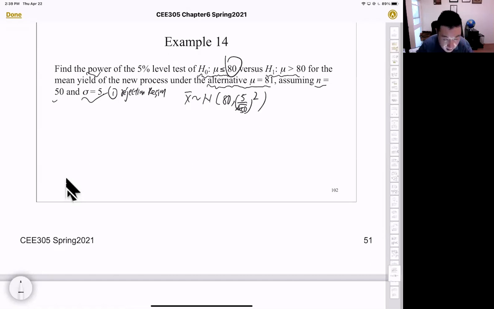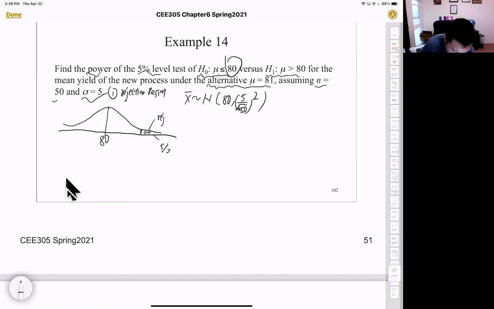That is the null distribution. Let's calculate the rejection region for the 5% level.